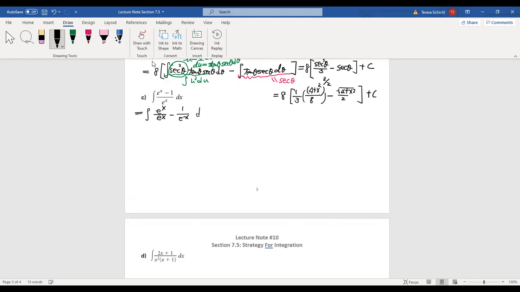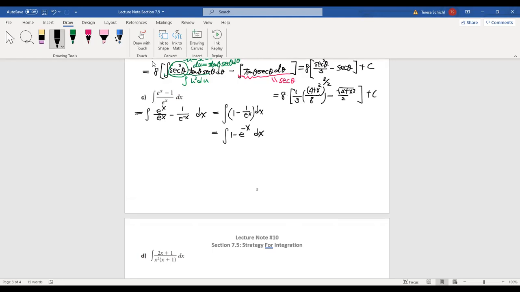It's a common denominator, right? So I can just break this into e^x over e^x, then this will be 1 minus 1 over e^x dx, right? So you can rewrite it algebraically, and then in here, this is the integral of 1 minus e to the negative x dx.